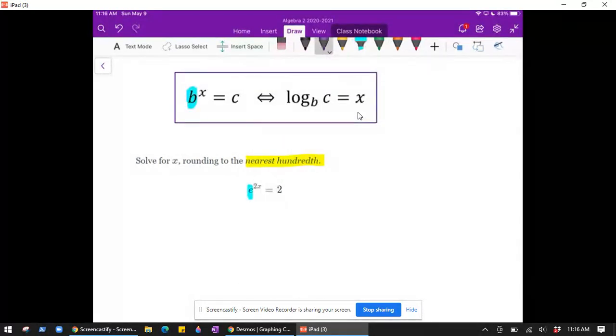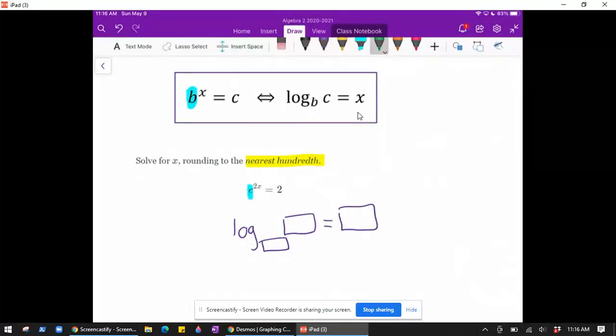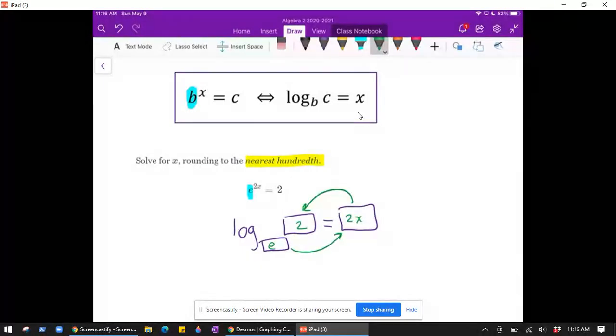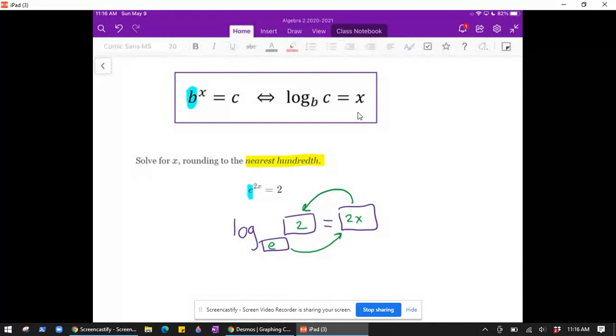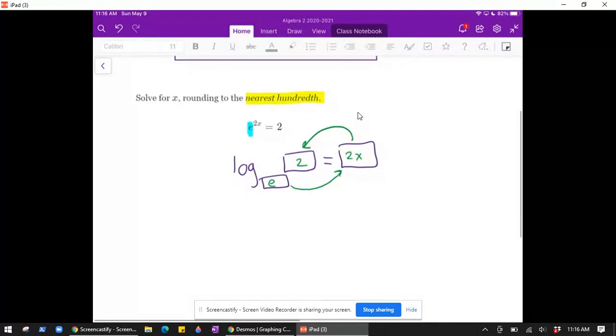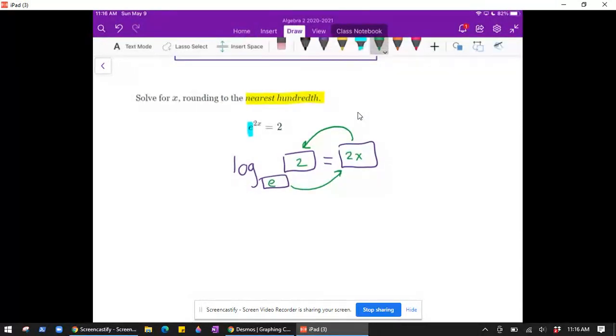So as I did before, I'm going to write the word log blank blank equals blank. I'm going to read this equation in words. e to the 2x equals 2. So if that's the case, this must be a 2. Now, I still haven't solved for x.